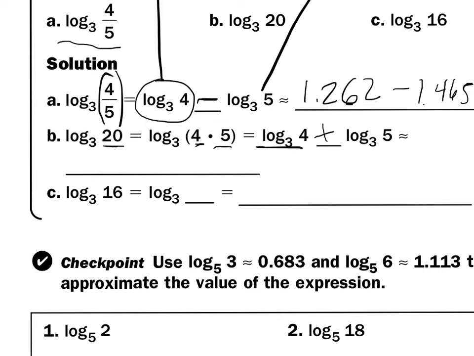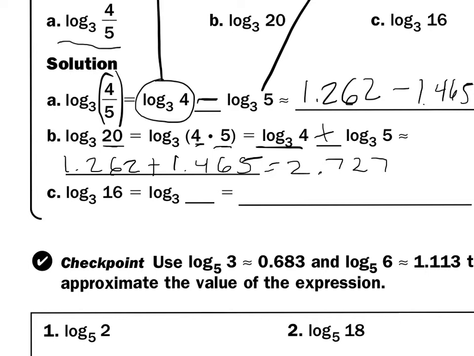Log base 3 of 4 again is 1.262, and then we're going to add to that the log base 3 of 5, 1.465, which would yield a sum of 2.727. So log base 3 of 20 is about 2.727.